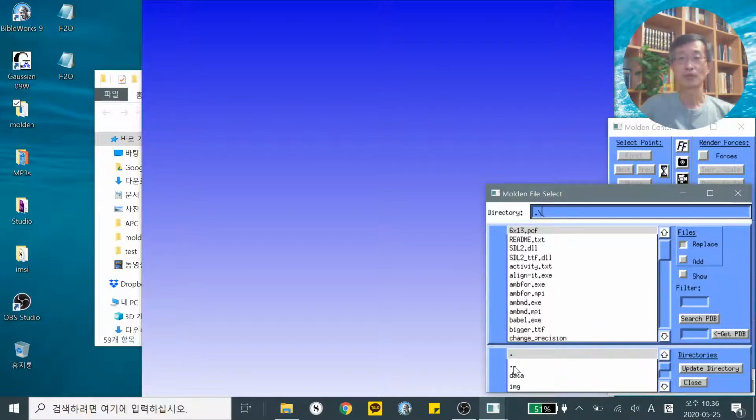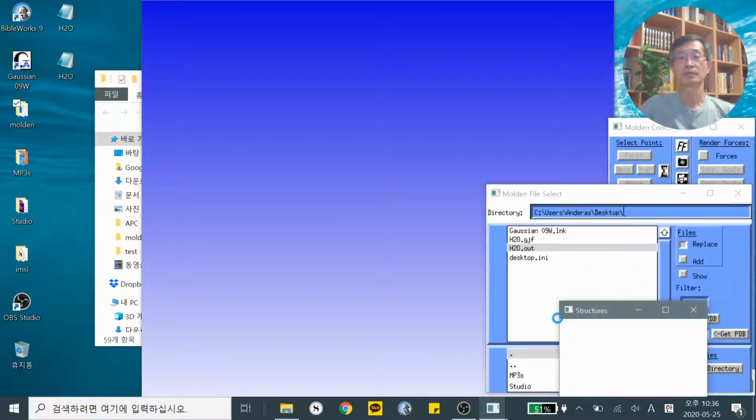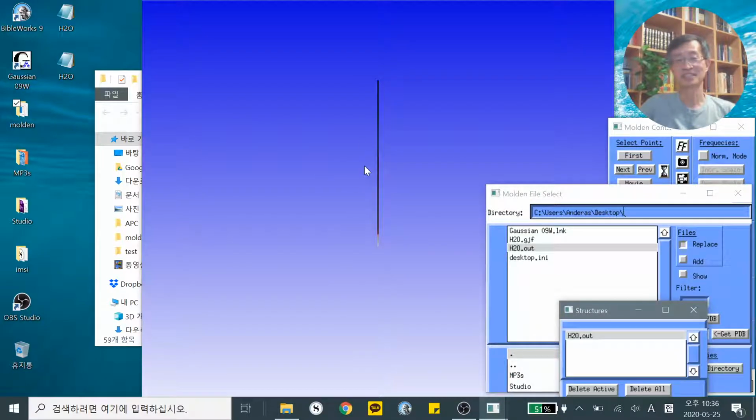So we'll just go up. This double dot is the mother directory. Just go up, and then voila, there are the GJF file and the out file here. So this out file, if I click it, voila, it is here. If you don't put that "entering Gaussian system" line, it never shows up. So that's the kind of magic word for that.